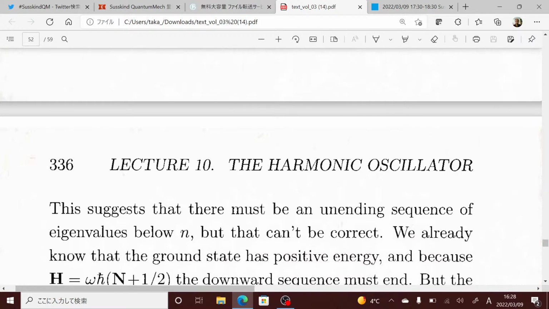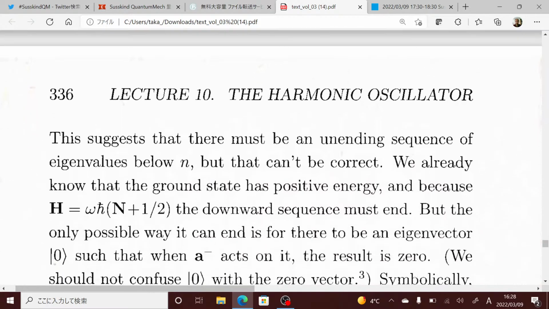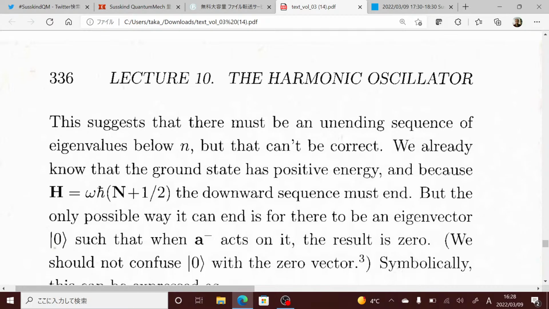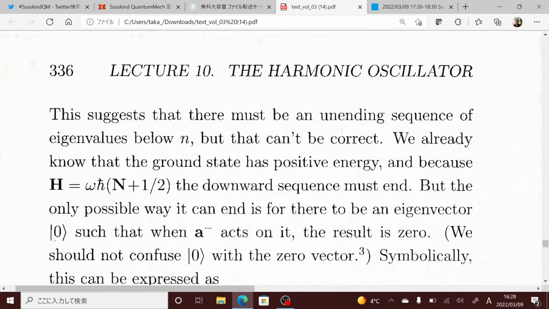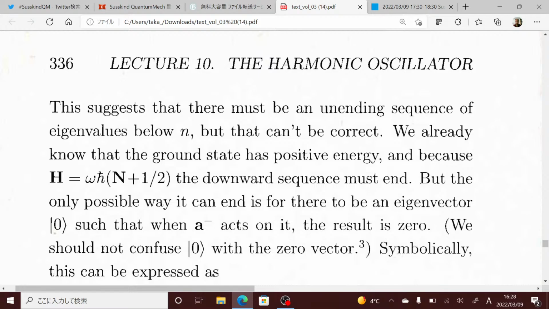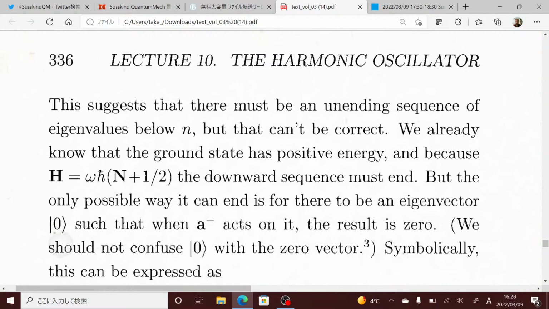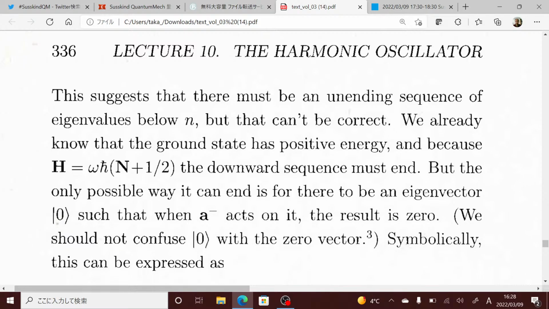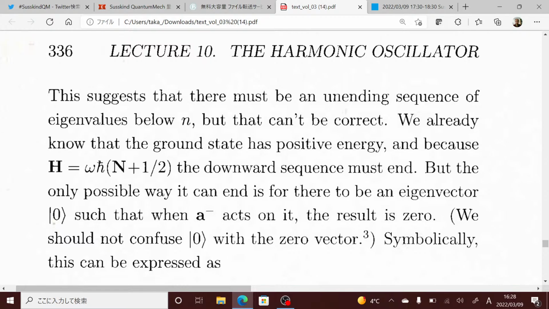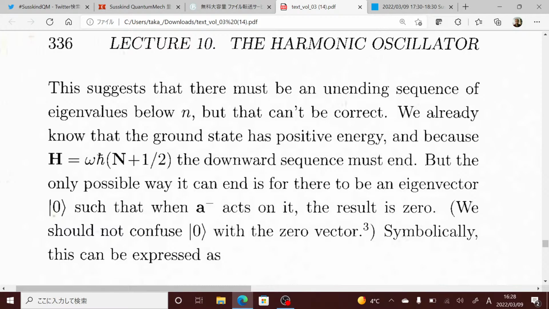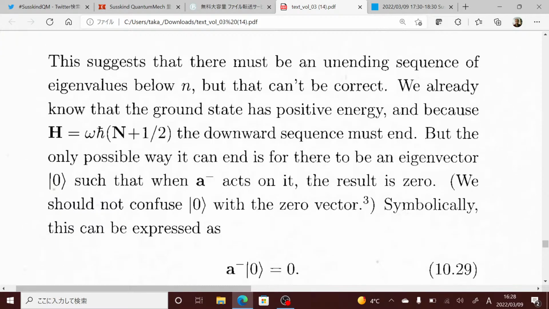This suggests that there must be an unending sequence of eigenvalues below n. But that can't be correct. We already know that the ground state has positive energy, because H equals h bar omega times n plus 1/2, so the downward sequence must end.